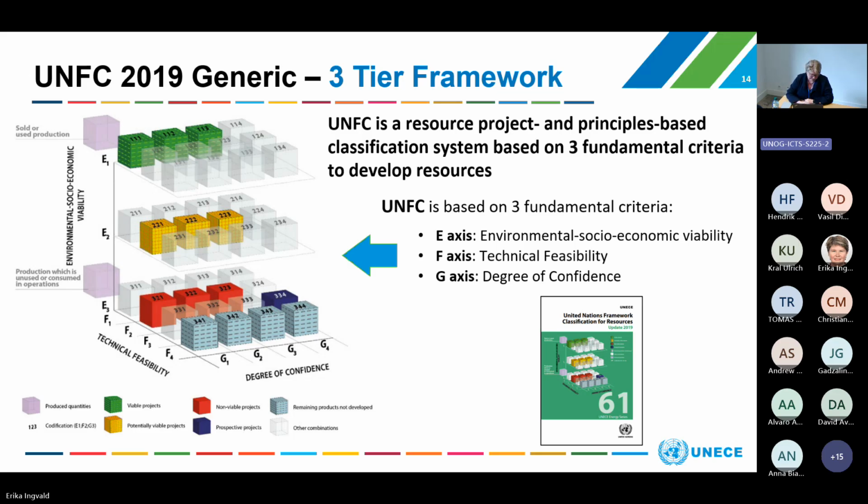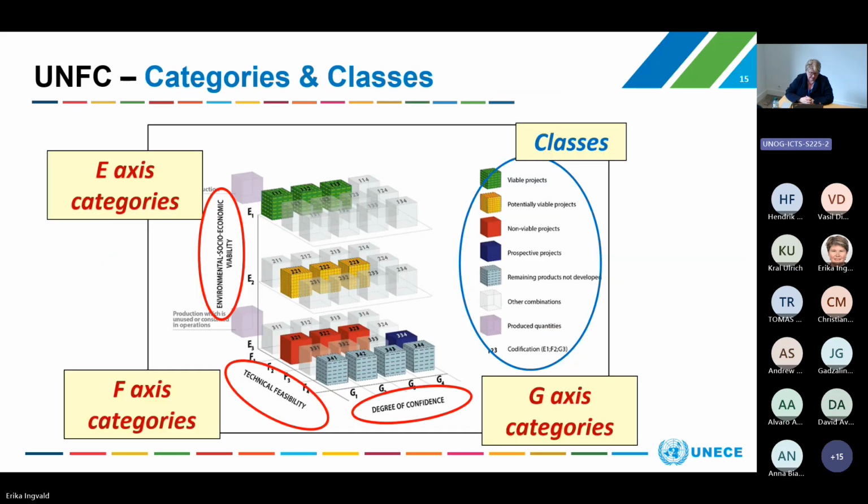So this is UNFC. And we always say it's easy to use. And it is. So you deal with those 3 different axes, and you put in the information you have there. So if you work within the EU, the E-axis is very much coherent with the permitting procedure.